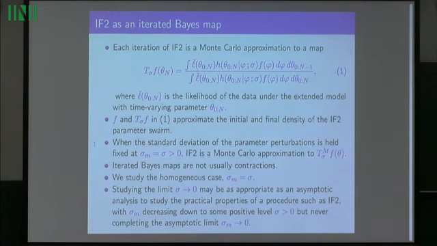And it turns out that each iteration approximates a Bayes map, and here is the Bayes map. Again, I don't really have time to explain it super much. If you want to prove the convergence, it's a little bit of a game because iterated Bayes maps are not contractions in the usual metrics.